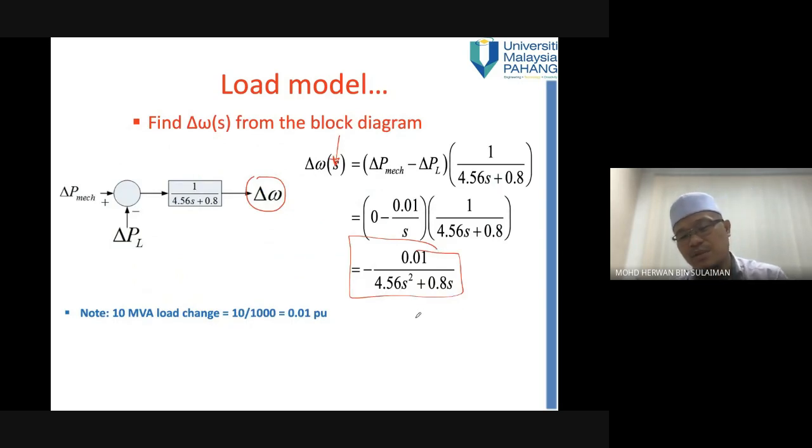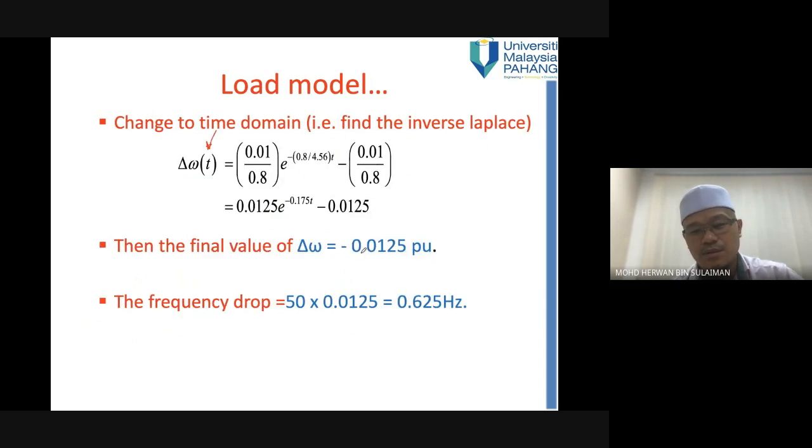Dia ada dia punya time domain, divide by 0.8. So dia ada dia punya constant, saya pun tak ingat. So at the end of the day dapat yang ni lah, 0.01 divided by 0.8, 0.48 divided by 4.56 T. Kena refresh balik, lama dah ni. Minus 0.01 divided by 0.8, so dapat function of omega in terms of time domain, this one lah. Okay, so dapat 0.0125 e to the power minus 0.175 t minus 0.0125.